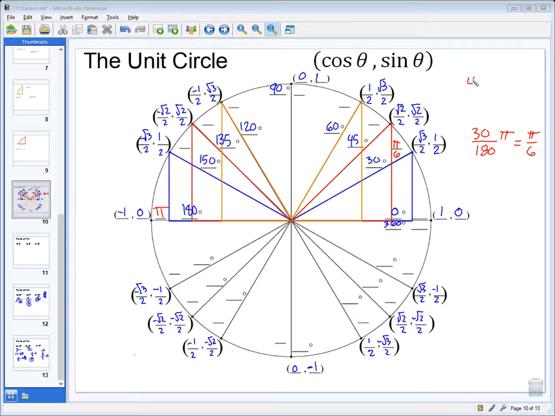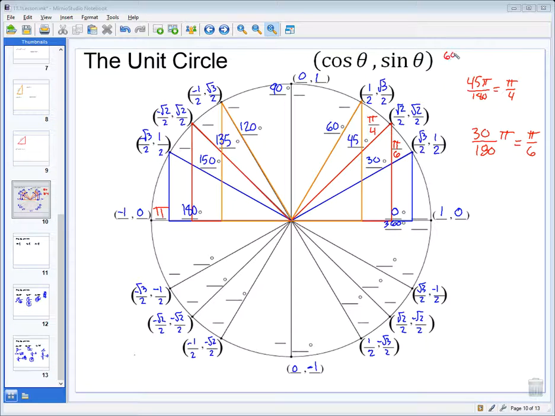At 45 degrees, we would do the same thing. We'd have 45 pi over 180, which reduces to pi over 4. And we could do the same thing for all of them all the way around.